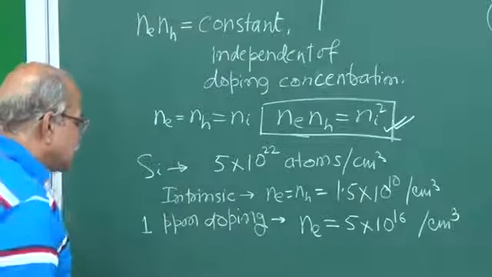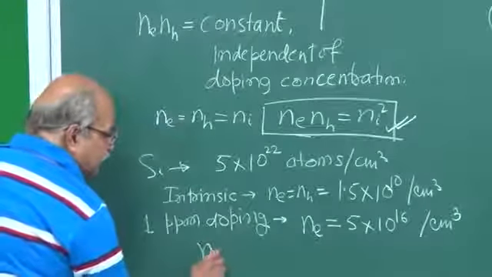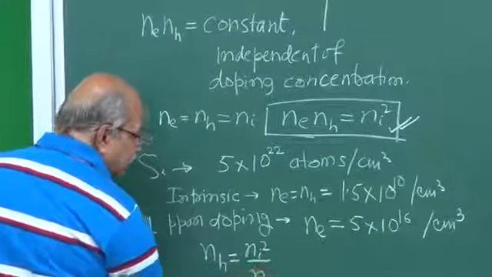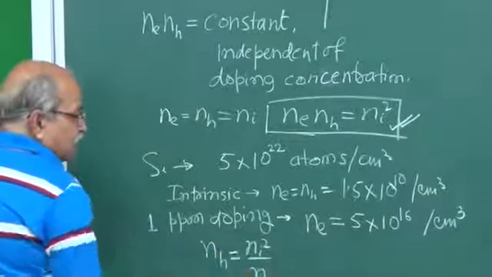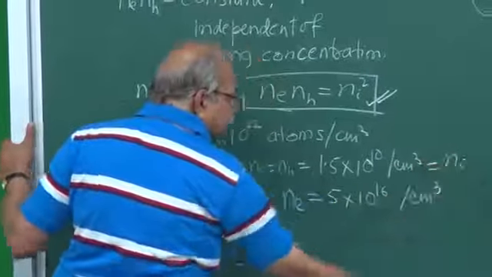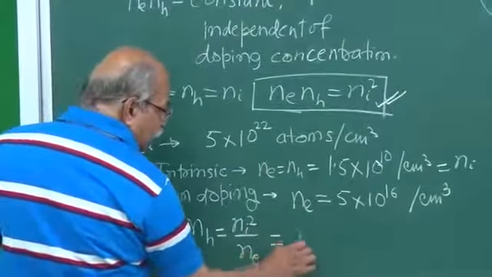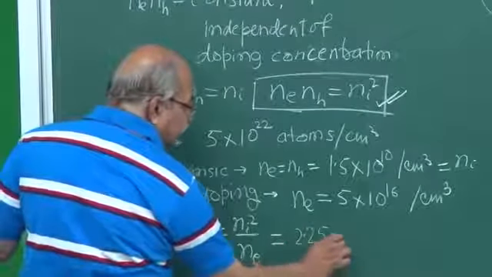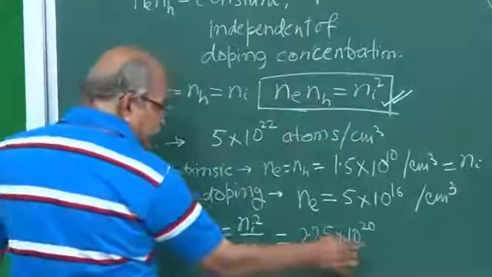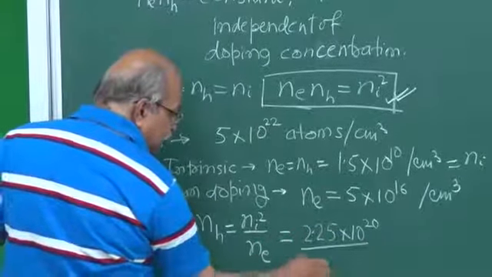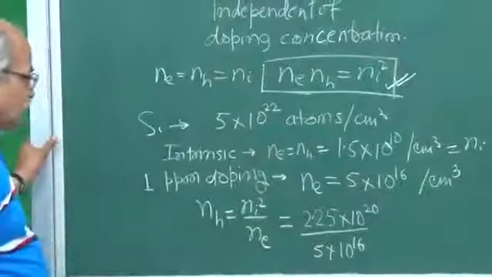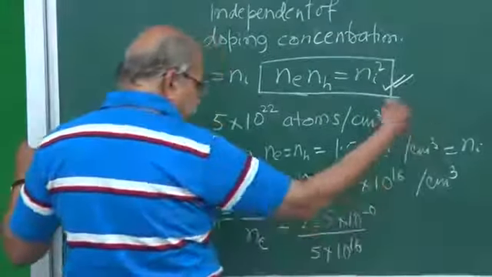So what is the number density NH, the number density of holes? That will be Ni square divided by Ne, because Ne into NH should remain Ni square. That is equal to Ni square, 2.25 into 10 to the power 20, divided by Ne, which is 5 into 10 to the power 16, and of course per centimeter cube.